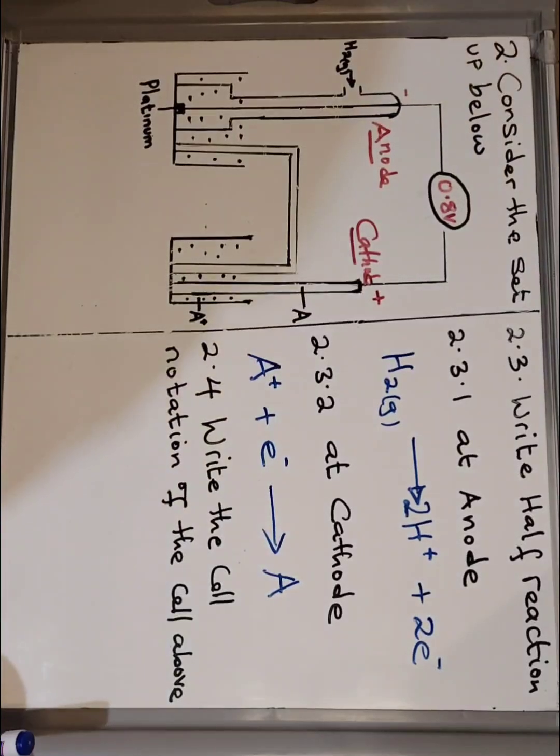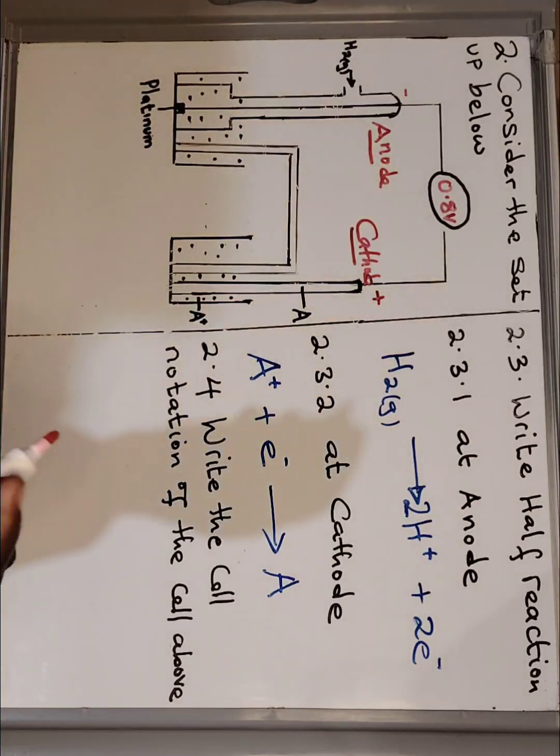Then comes this question. The question says, write the cell notation of the cell above. So what is the cell notation here? We need to be reminded of what we did during our notes, which were posted in the videos.